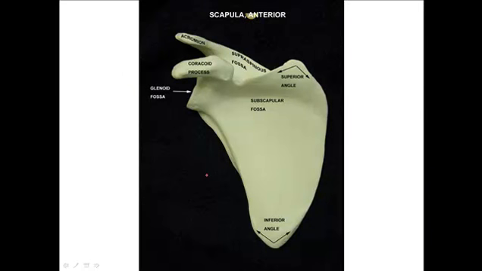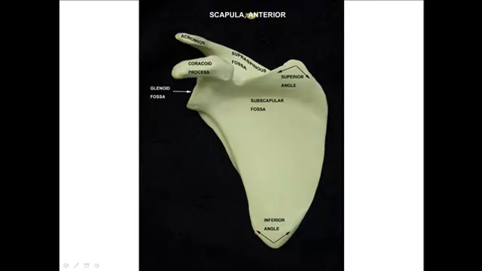So if we move on to the scapula, it has a front and a back, yes? So anterior and posterior. This is the anterior side, so this will be lying on your ribs, on your back. Okay? So it's roughly triangular in shape. Right?